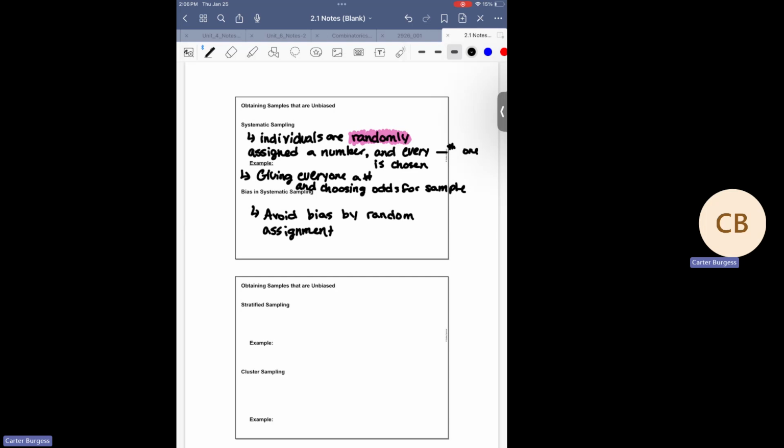All right. So for our stratified sampling, we are going to create what are called homogeneous subgroups from our population. Homogeneous just meaning what?